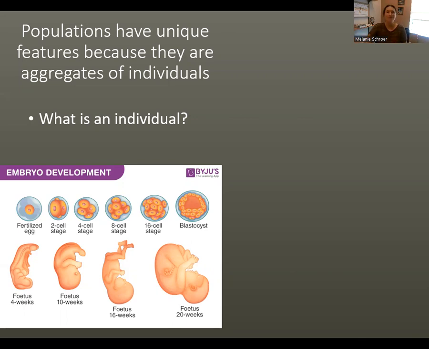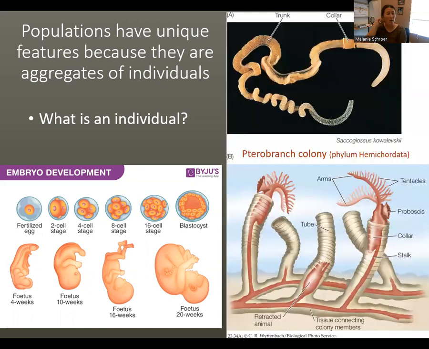that is us. But not every organism in the world is quite as easy to identify as an individual as something like a human would be. Colonial animals are one example where it's a little bit difficult to define individual versus colony, so individual versus a population of interacting individuals. In this Terebranch colony, these guys are actually living off of the coast of Antarctica.